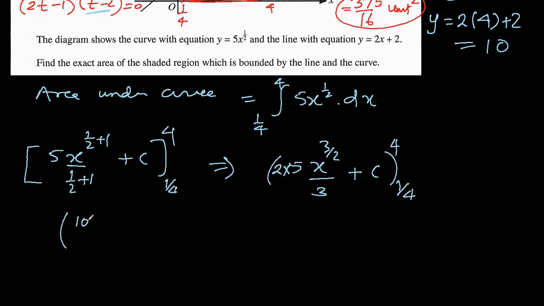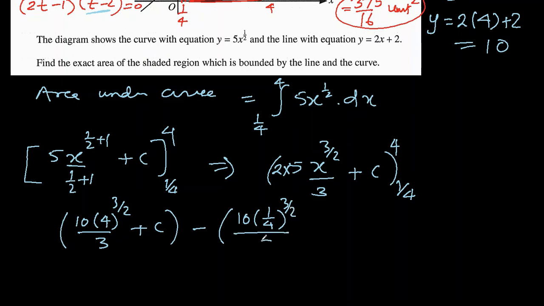So 10 and then 4 to the power 3 over 2 over 3 plus c, minus 10 times 1/4 to the power 3 over 2 over 3 plus c. C and c cancel out.